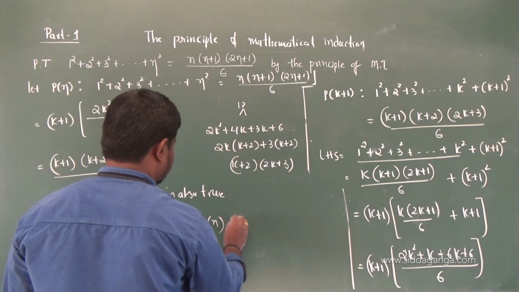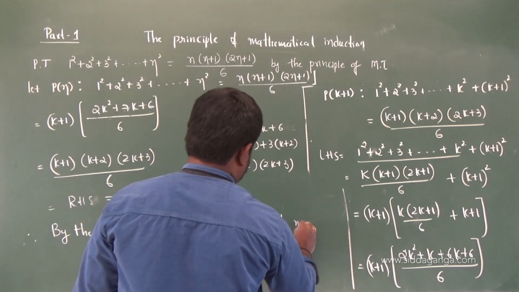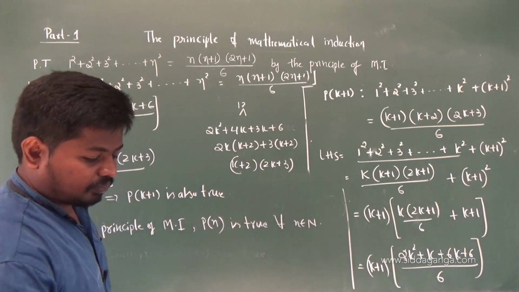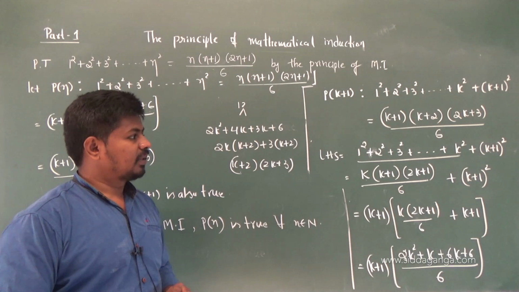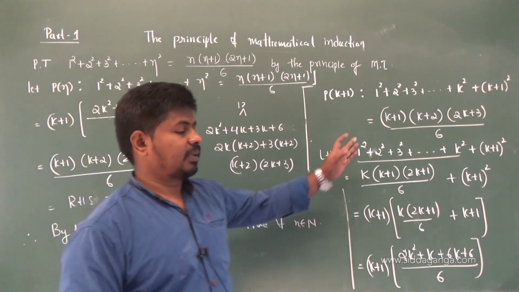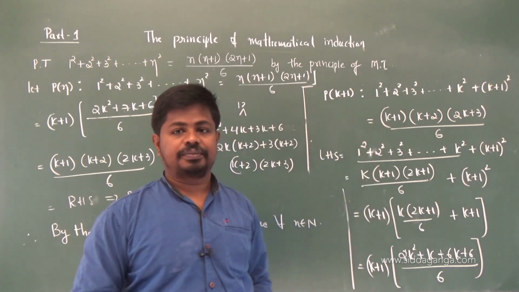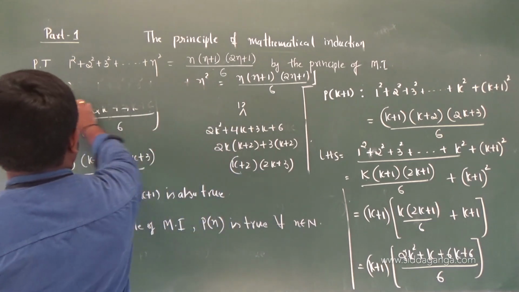P of n is true for all n belongs to natural numbers. Very simple, no? Very simple question, and this is an important step in this. Okay, proving P of k plus 1 is also true. So you get a 5 mark question from this.